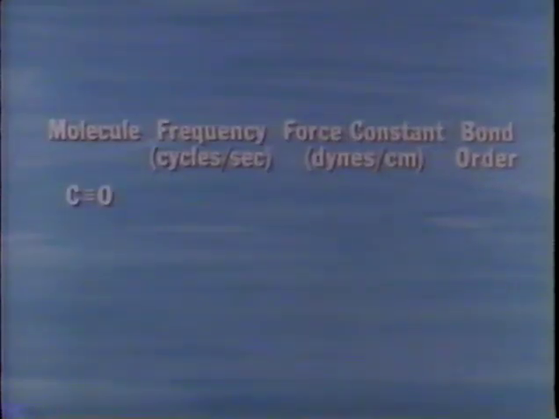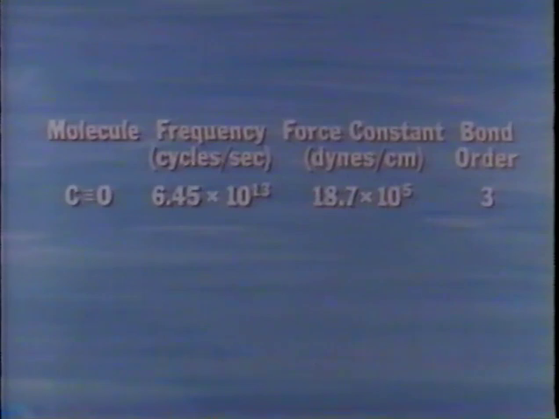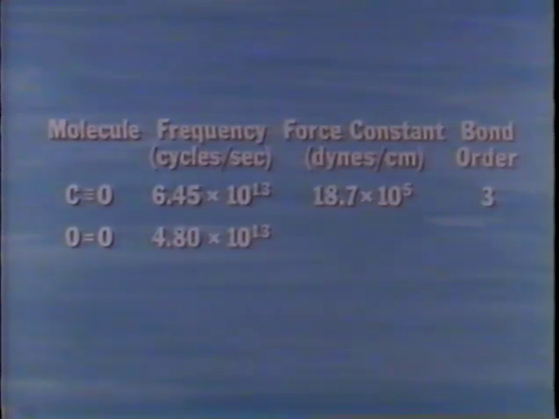For carbon monoxide, the frequency is 6.45 times 10 to the 13th cycles per second. The force constant is 18.7 times 10 to the 5th dynes per centimeter. For oxygen, the frequency is 4.80 times 10 to the 13th cycles per second. The force constant is 12.1 times 10 to the 5th dynes per centimeter.